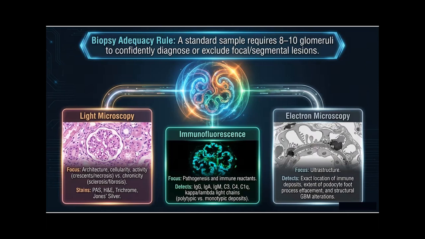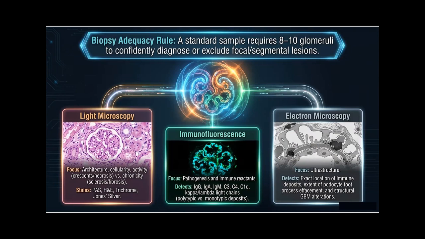Now, the biopsy adequacy rule. A standard sample requires 8 to 10 glomeruli to confidently diagnose or exclude focal segmental lesions. Light microscopy shows architecture, cellularity, activity such as crescents and necrosis, versus chronicity like sclerosis and fibrosis.